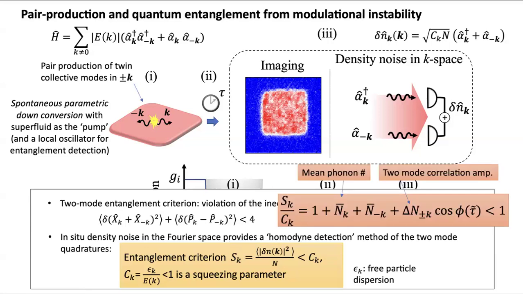Another way to think about it is that this S_k divided by C_k is telling you one, this is quantum fluctuation, plus the phonon number in k and minus k. If they are quantum entangled, they have a correlation amplitude that will change in time, and that will be smaller than 1, meaning that these have to be bigger than the sum of the two phonon numbers.